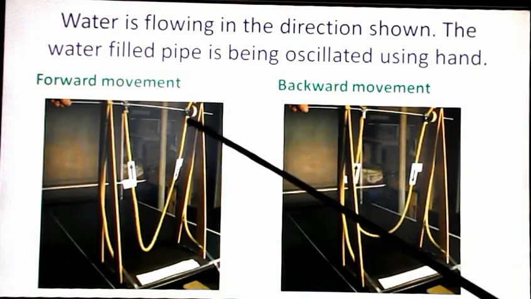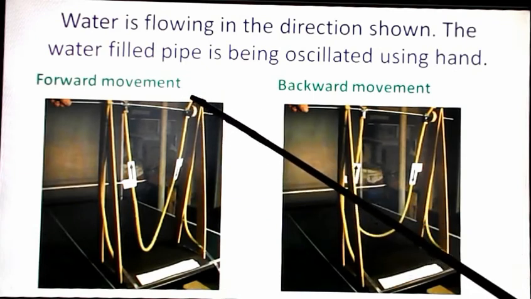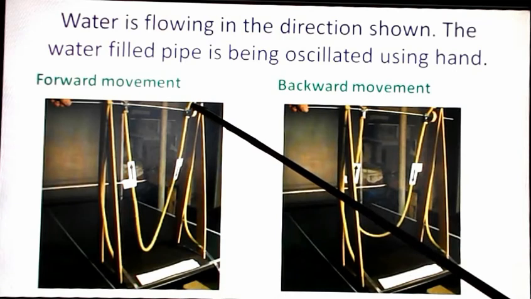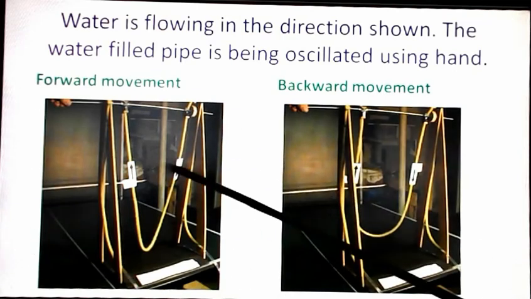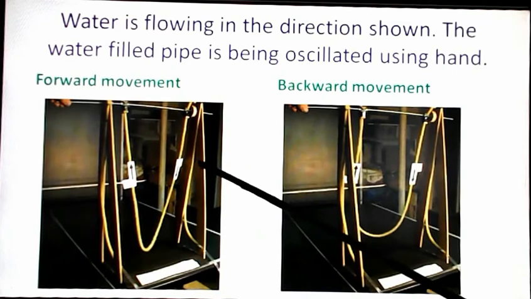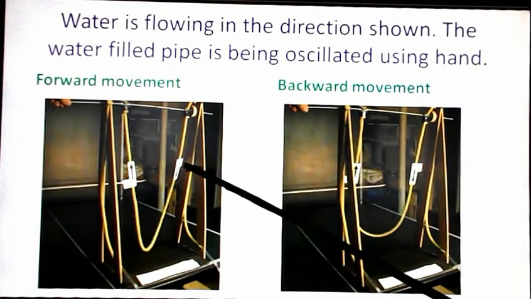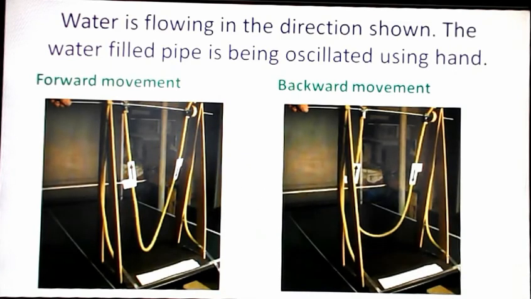So when the mass flow is taking place from minimum to maximum circular motion, the Coriolis force acts in the opposite direction.